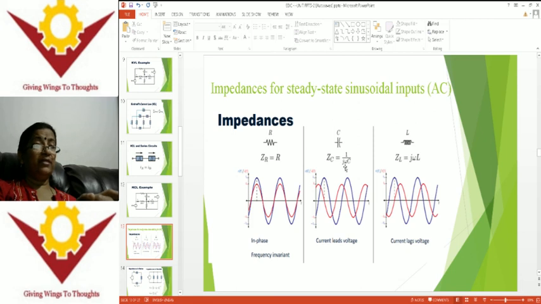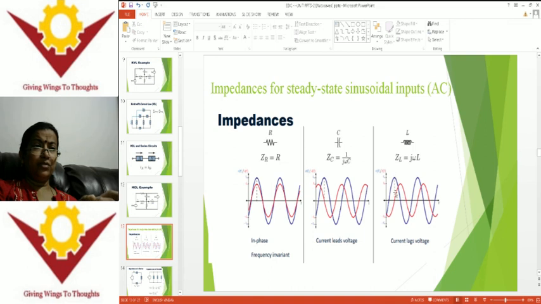In this reactance of the capacitor, if you observe the relation between voltage and current, the voltage is again the same blue waveform, and the current is the red waveform. And this current leads by an angle of 90 degrees as compared to voltage.